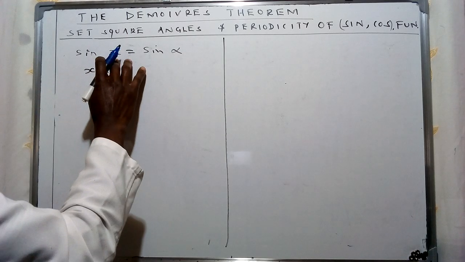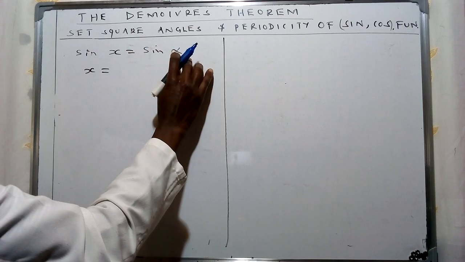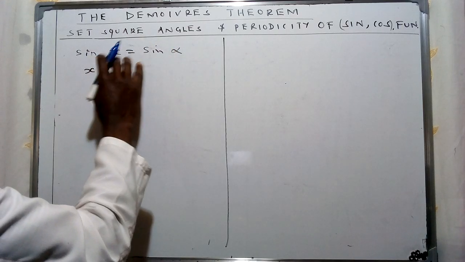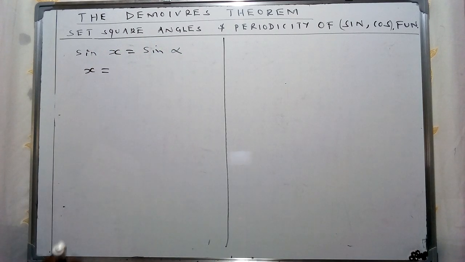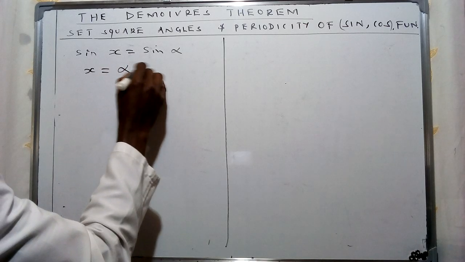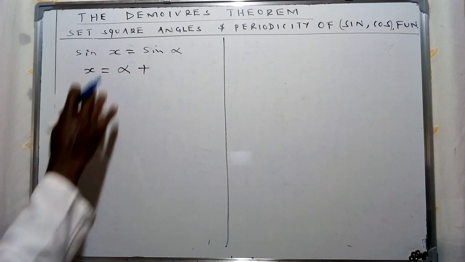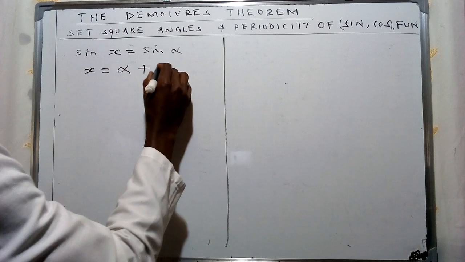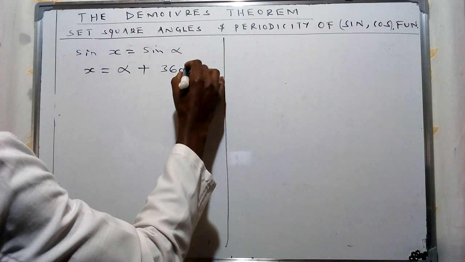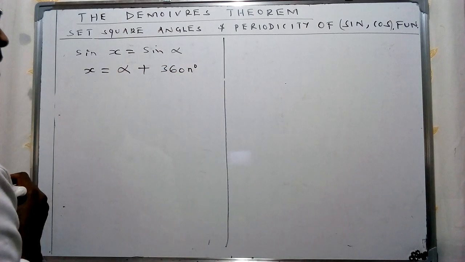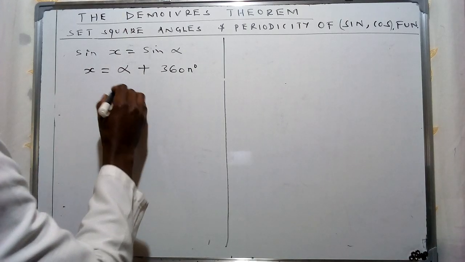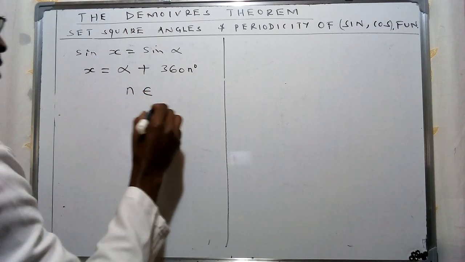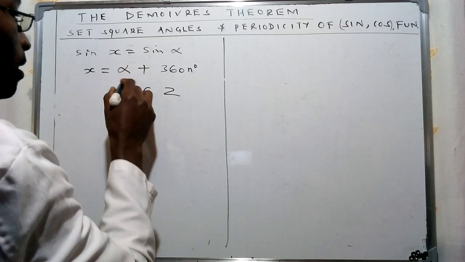So this is going to be the sine of x equivalent to the sine of alpha. Now the relationship between x and alpha can be given as x equivalent to alpha plus 360 degrees n, or 360n degrees. So in this case, n is going to constitute a range of what we refer to as integers.